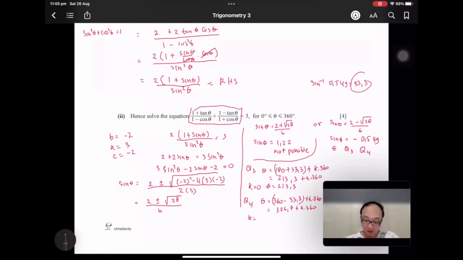So when k equals 0, theta will be 326.7. Okay, so we have two answers in this region.